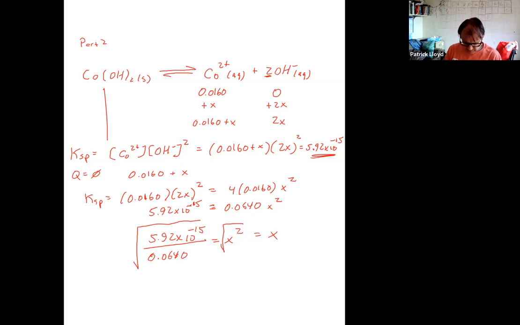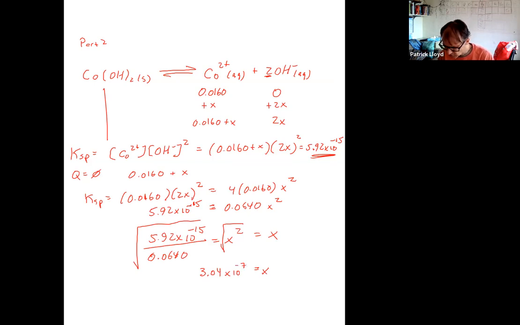5.92 times 10 to the minus 15 divided by 0.064. It makes it a little bit bigger, but now we're going to take the square root. And notice we get the value of x. See, it is pretty small, right? So even if you said, look, I don't know about your assumption of x being small and I can ignore it, you'll see here it actually does work out okay.